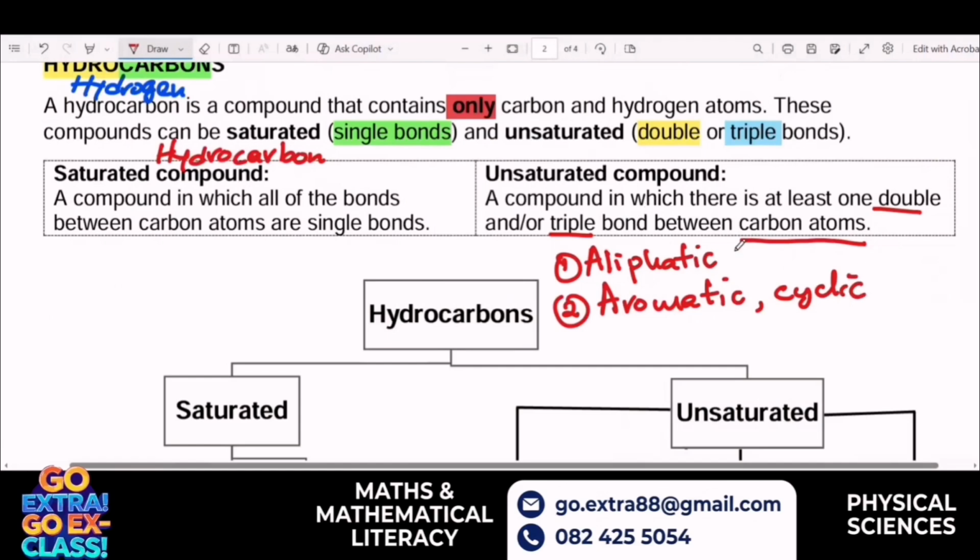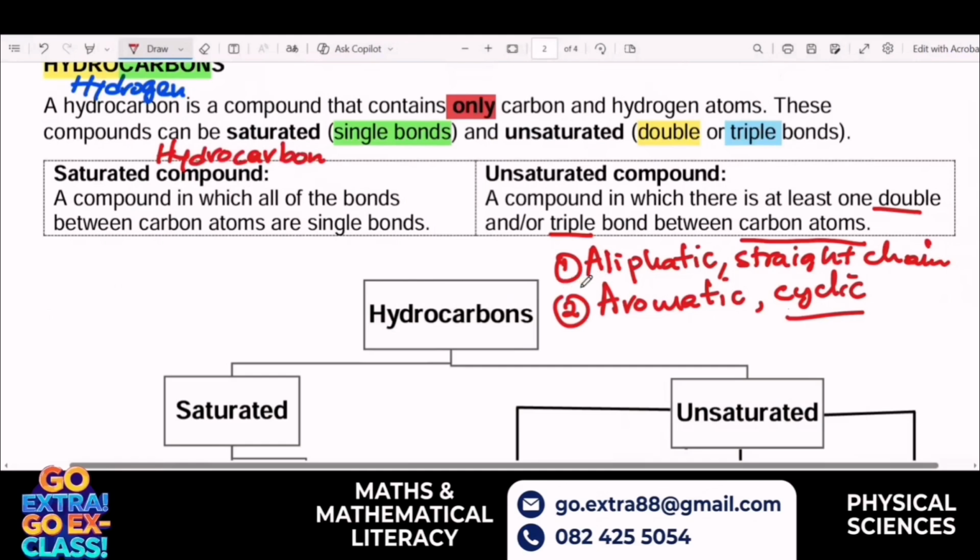And aliphatic ones are hydrocarbons which form straight chains. They have their chains mostly straight, but it's not conclusive. We also have aliphatic compounds which are cyclic, and I'm going to show you. But aromatic ones are strictly cyclic. So we have these two.